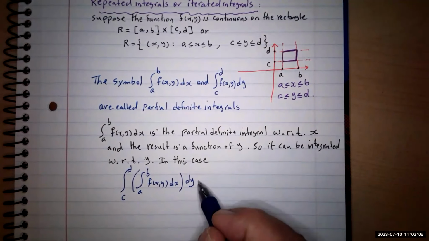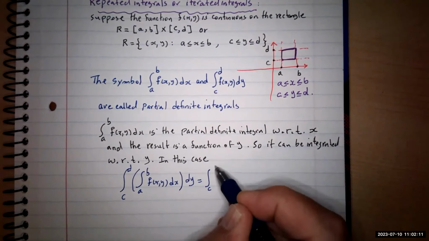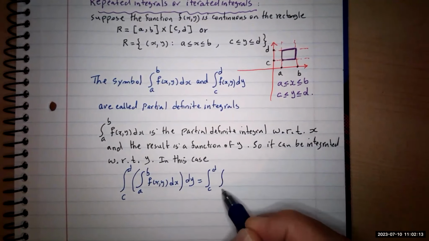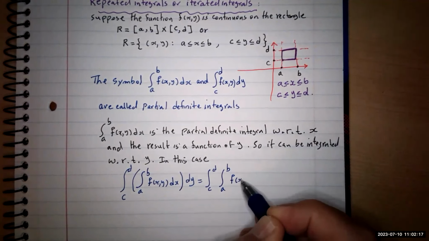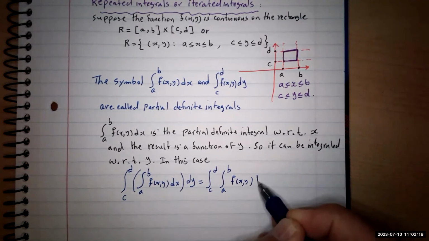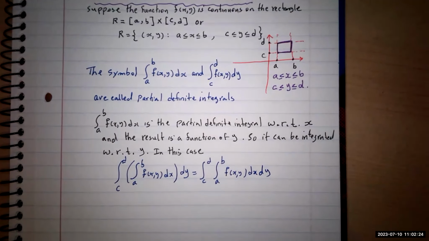In short, we write it as the integral from C to D of the integral from A to B, f of x comma y, dx, dy. So when you see it, you know how to operate it, like you did with differentiation.